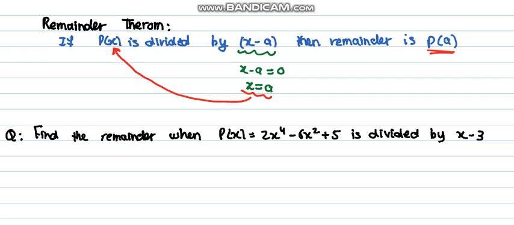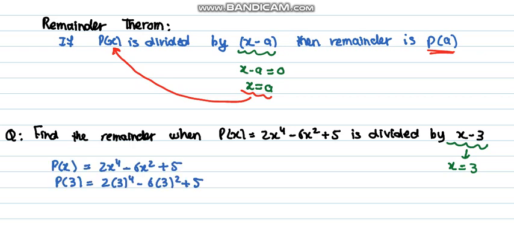So what we need to do is make this x equals 3 and substitute it into p of x. So this is our substitution of 3 in place of x. So this gives our remainder, which is 130, which is the same question we did with the long division. That was a long process.